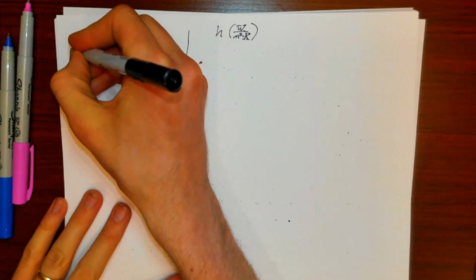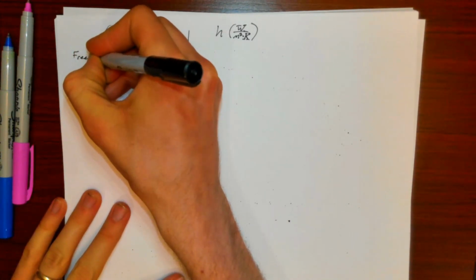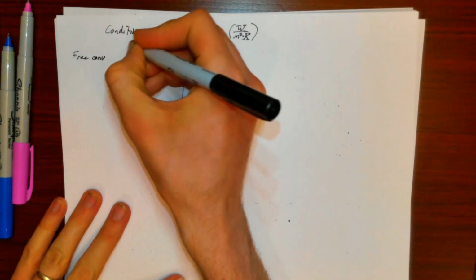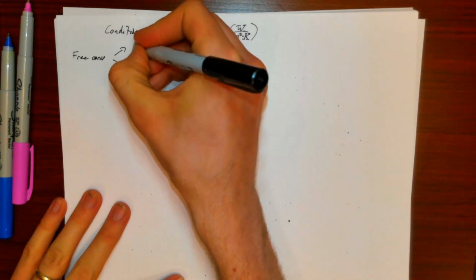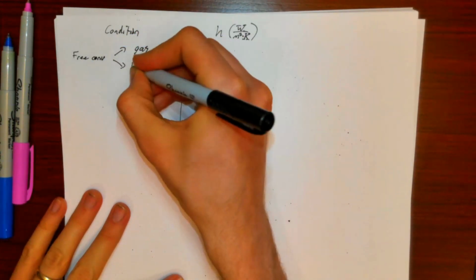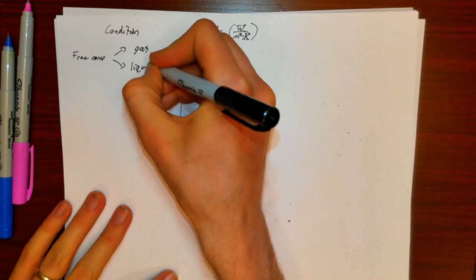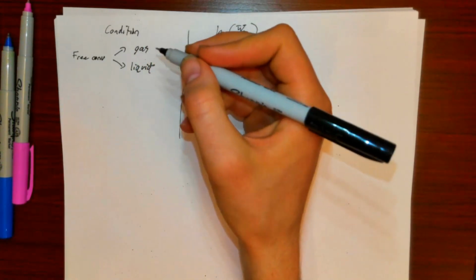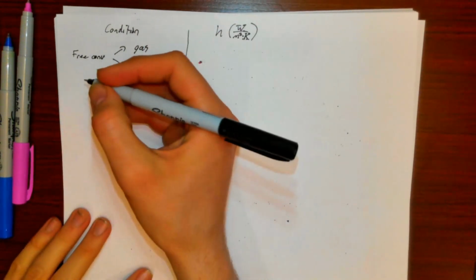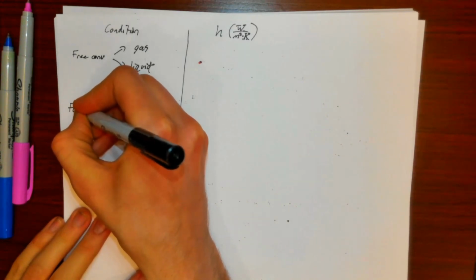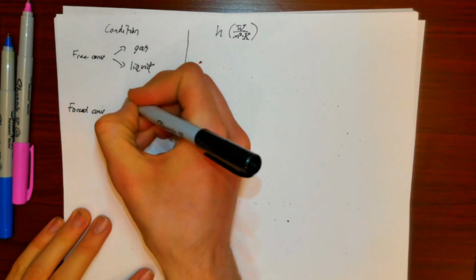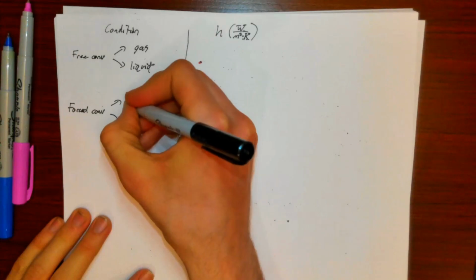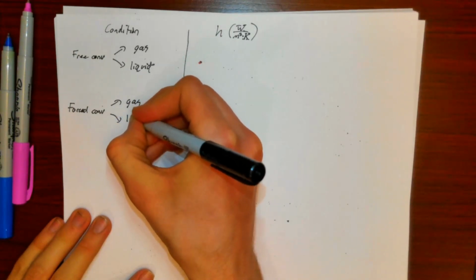So what might we talk about? Well, you could have free convection of a gas, or free convection of a liquid. Both gases and liquids are fluids. Or you could have forced convection, and that could be either of a gas or a liquid.